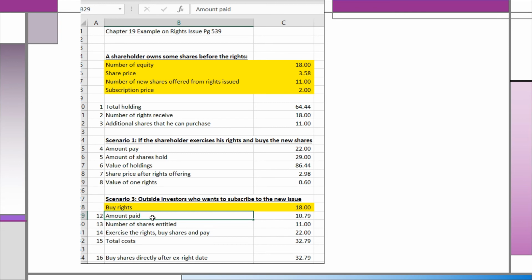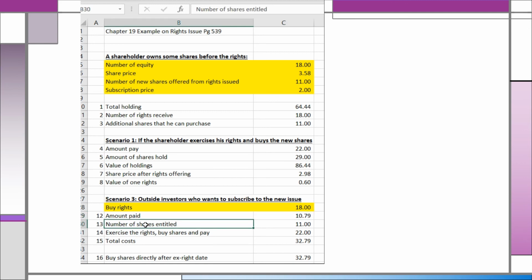In scenario 3, an outside investor buys 18 rights to purchase 11 new shares at subscription price of £2. Question 12. How much does the outside investor pay for the rights? The outside investor paid the rights price of 0.6 to buy 18 rights, and the amount is 10.79 pounds.